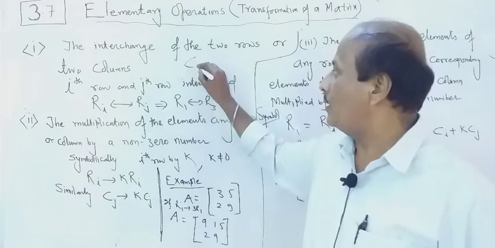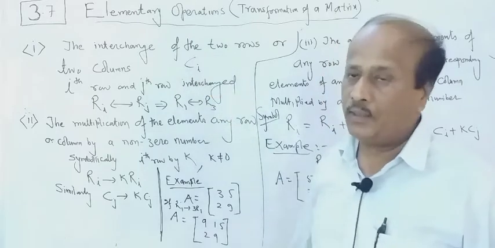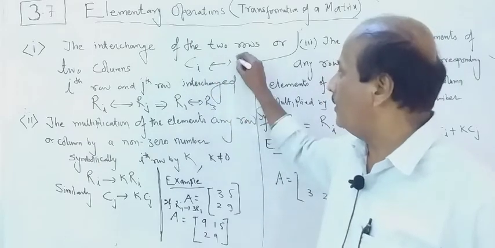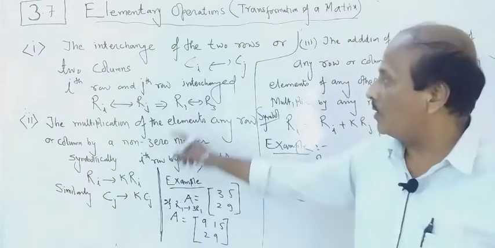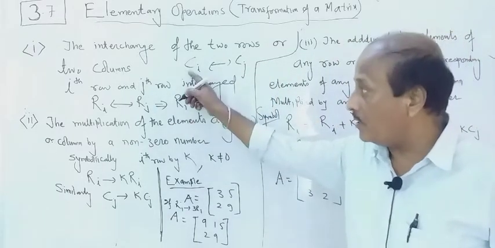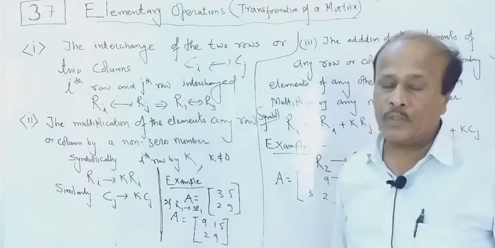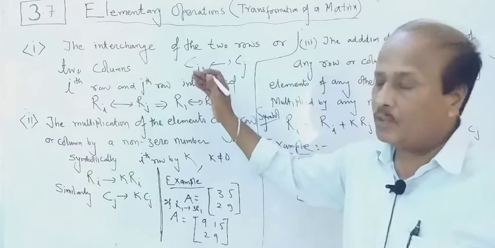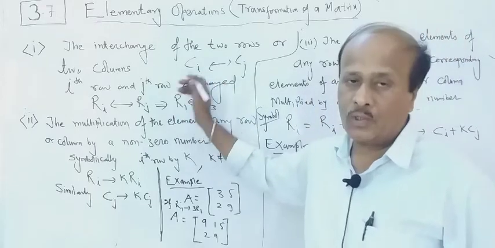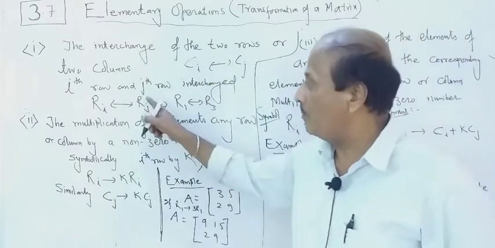Suppose you want to interchange the ith column with the jth column, that can be done in this way, but you will have to write C in the place of R. So the first property is very simple. The purpose of this property, while doing the question you are going to realize, but remember the symbols.